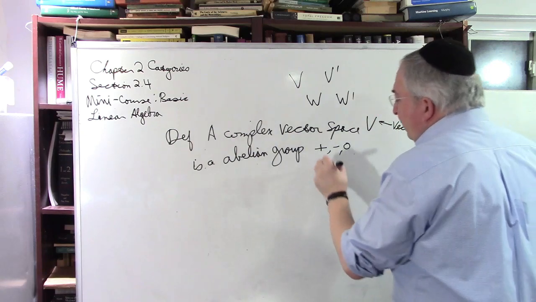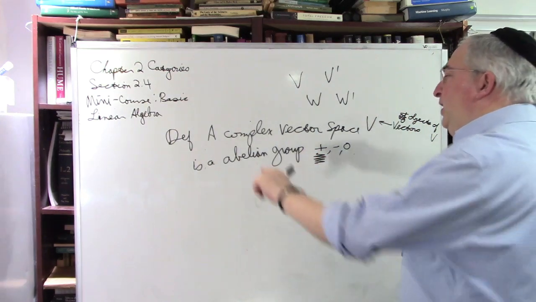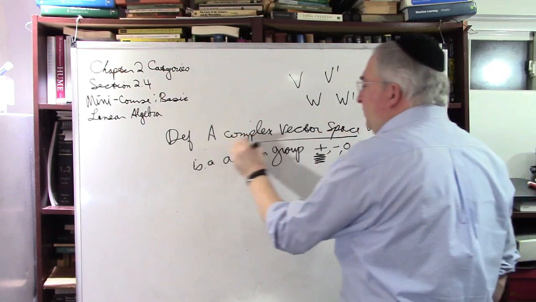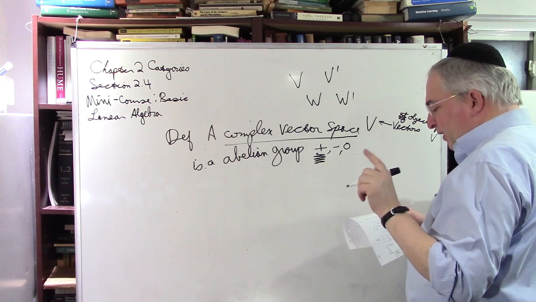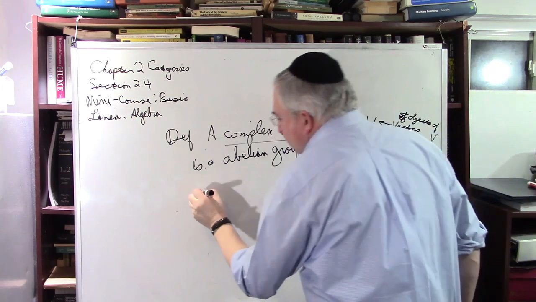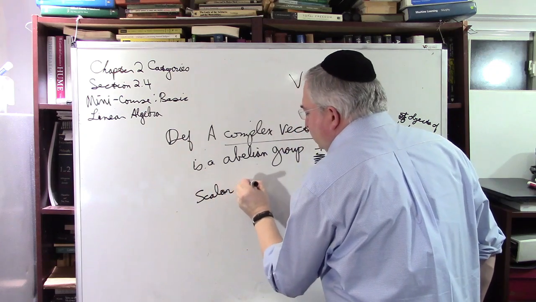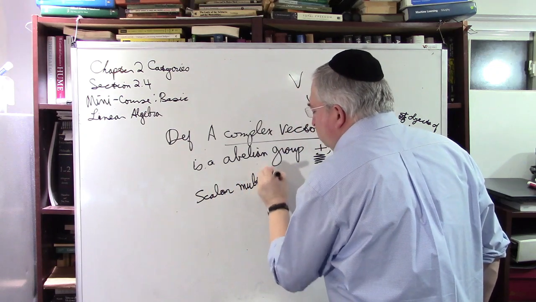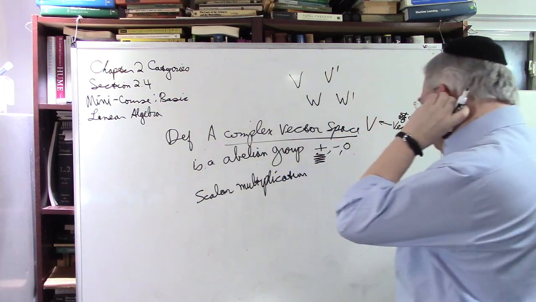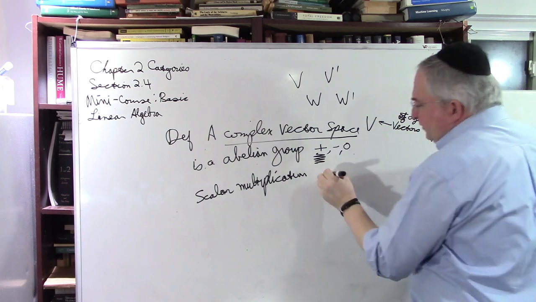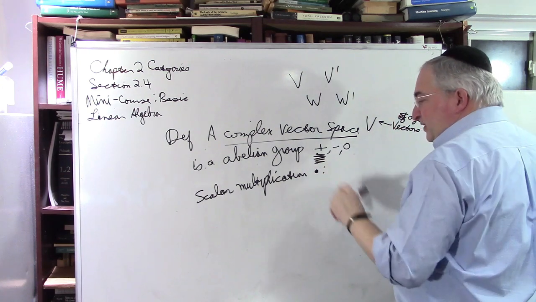Okay, the main operation, of course, is the plus. But a complex vector space has another operation, and the other operation is called scalar multiplication. Okay, scalar multiplication, and what that is is as follows. We write it as a dot. It's a function.